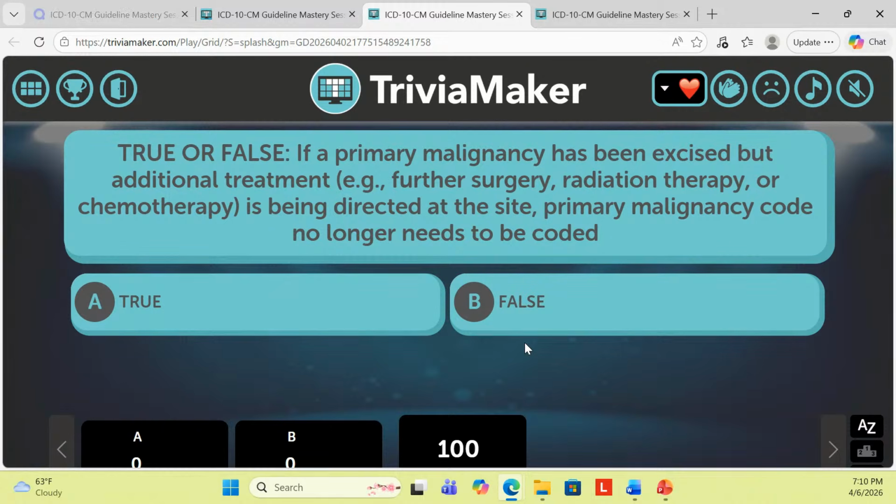What do we think? All right, I'll give you guys a few seconds for this one, and good luck. I see some answers are already flying in, so I'll give you guys just a few seconds.